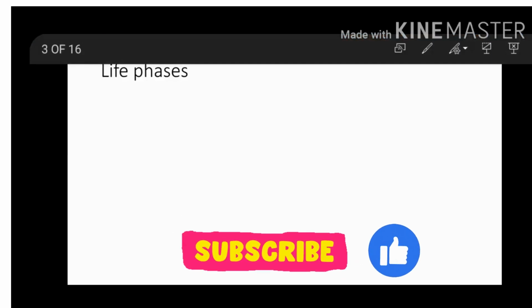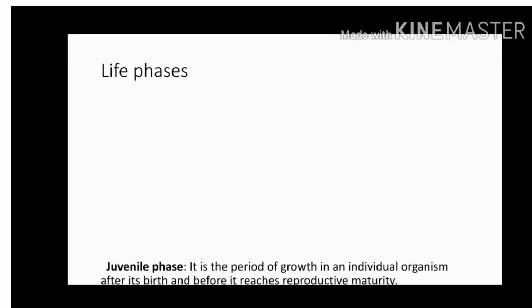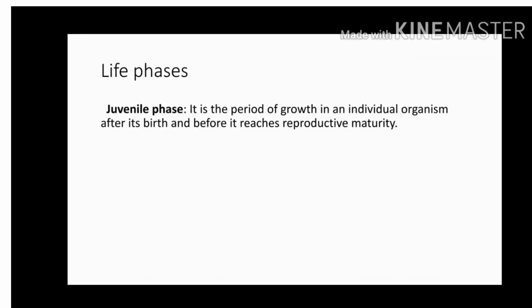In our whole life, we can see three phases of life, from our birth to death. The first one is the juvenile phase. It is the period of growth in an individual organism after its birth and before it reaches reproductive maturity.